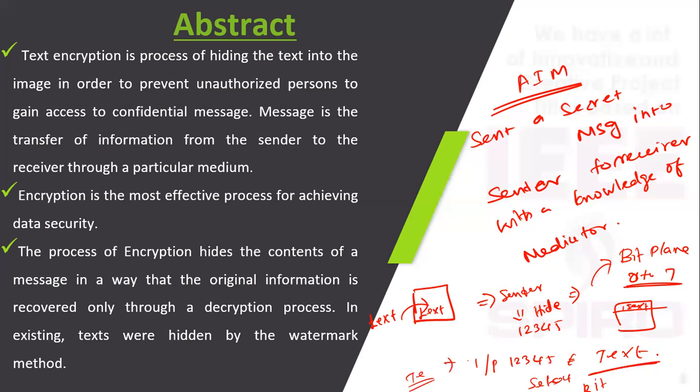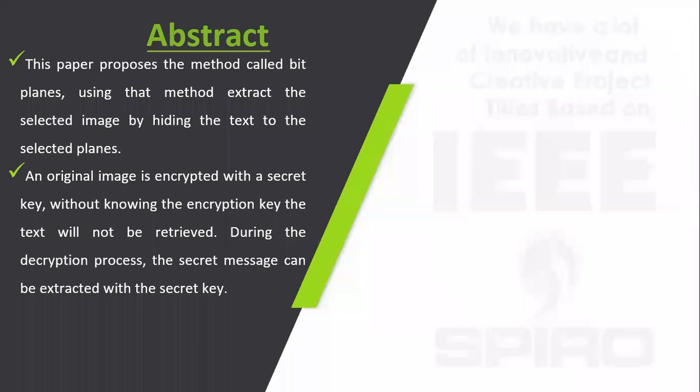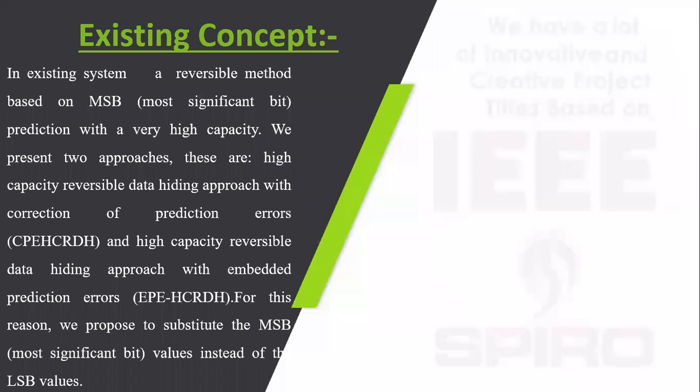This is the process. So in the encryption decryption model, we are using an irreversible method. In the existing work, they use a reversible model. So what is the reversible model?